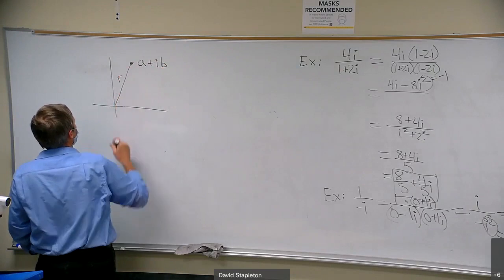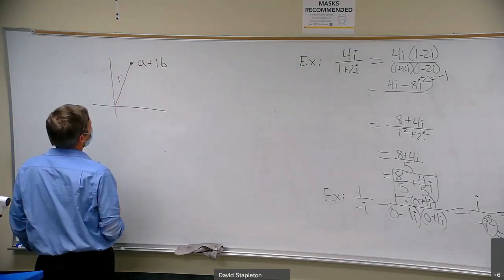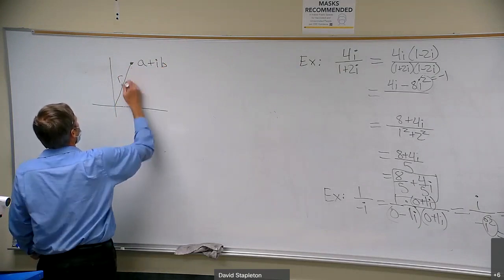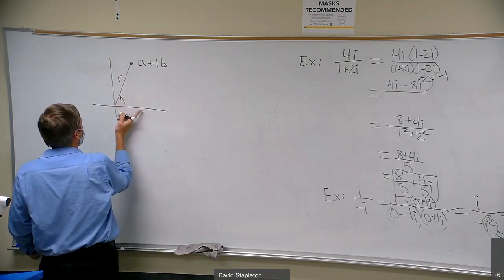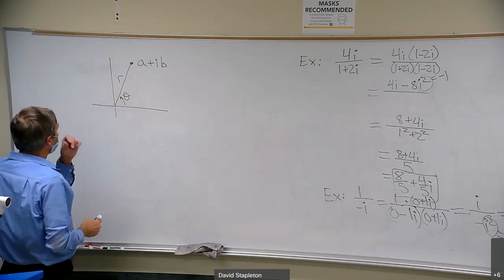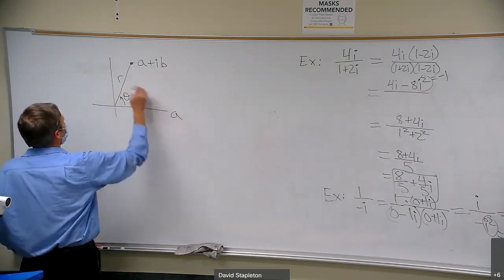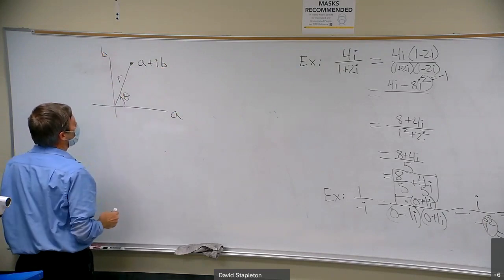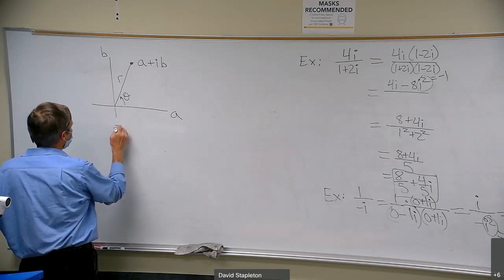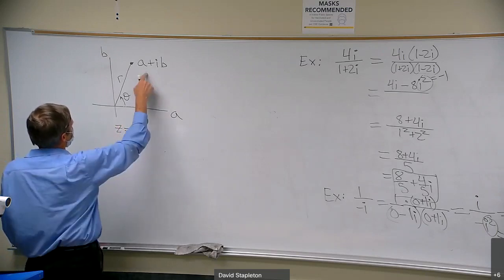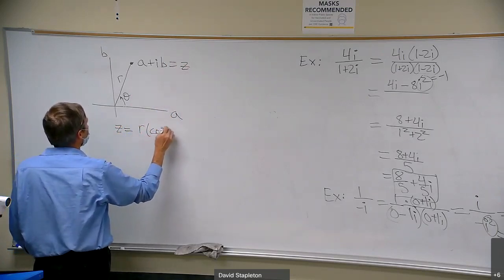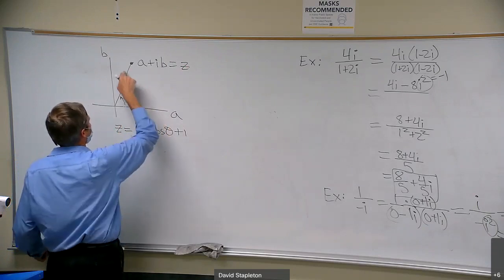This distance r is the distance to the point. We'll now demand that it be non-negative. Before we allowed it to be negative for general polar coordinates. And then this angle, standard position counterclockwise, will be theta. And with this picture in the complex a plus ib plane, we'll say that any complex number z written as a plus ib can also be written as r times cosine theta plus i sine theta, if this is the angle and this is the distance.